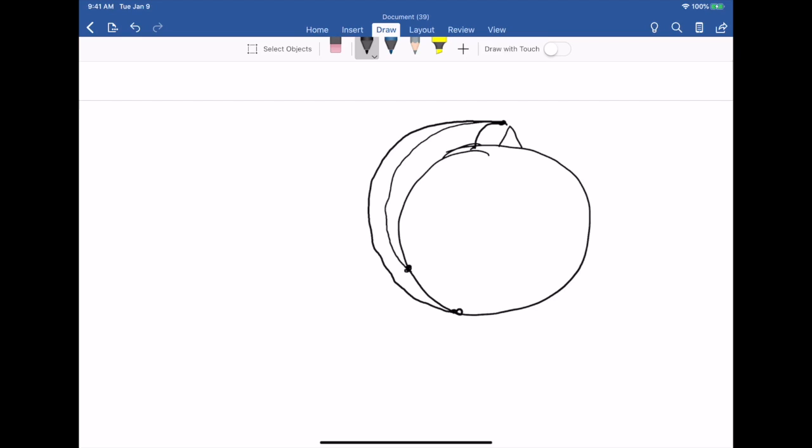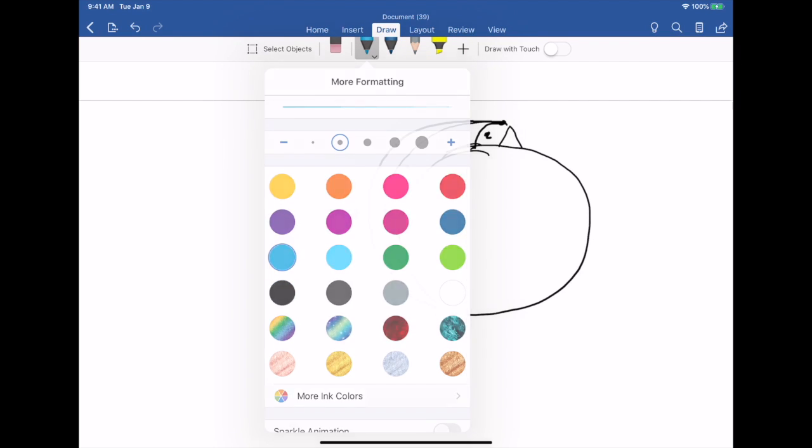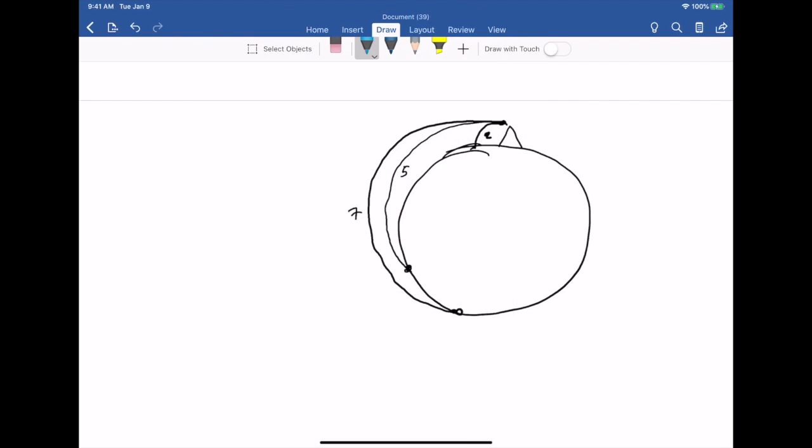Okay, something magical. So this one was 2 kilometers per second. This one was 5 or 6 kilometers per second. This one is 7 kilometers per second. Something magical happens if I launch the object horizontally at a speed of 8 kilometers per second.